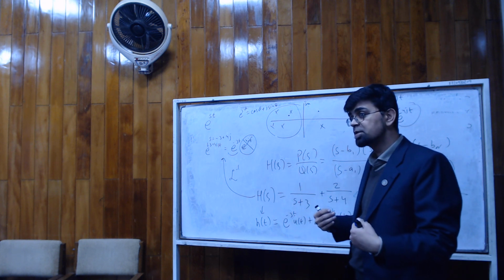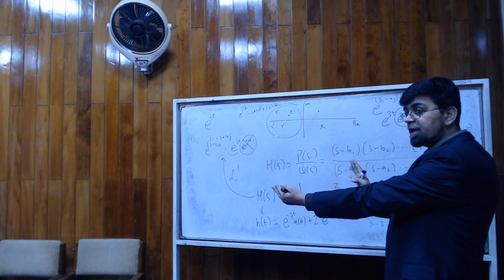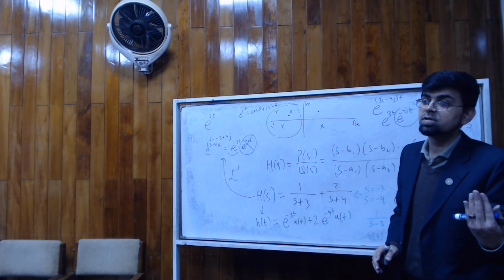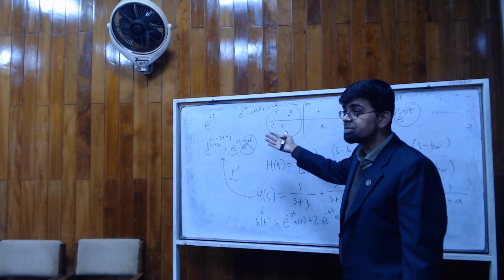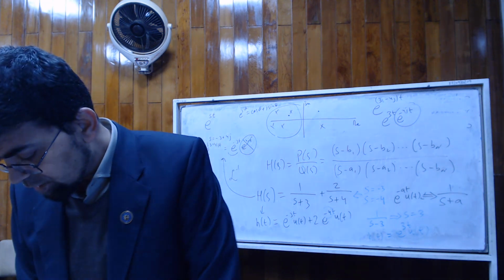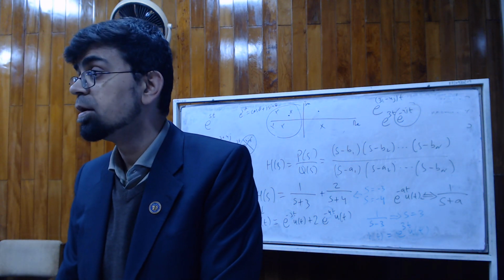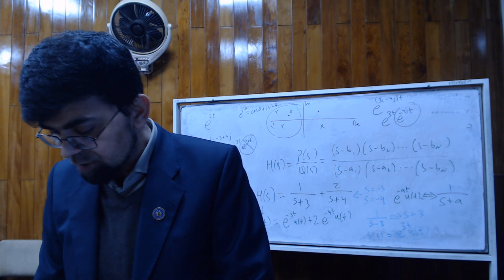If the poles are in the left half plane, your system is stable. If they are not in the left half plane, your system is unstable. Any quick questions? No? Then do a quick revision of that.